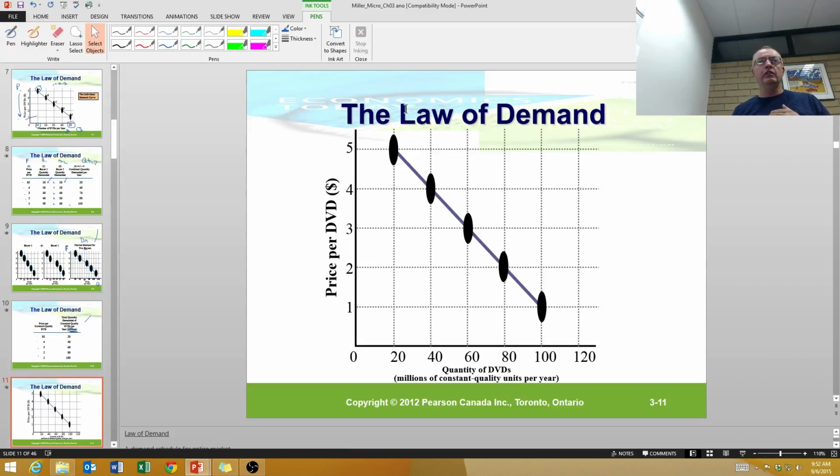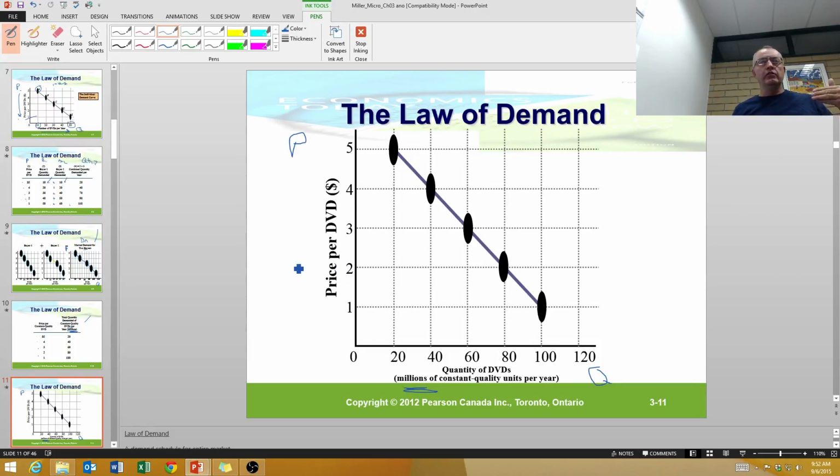The demand schedule for the industry as a whole is simply the sum of the quantity demanded at the different prices by all the participants in the market. So here's our quantity in millions of units. Okay, so that's the law of demand, which says there's an inverse relationship between the price of a product and the quantity demanded by the buyers.